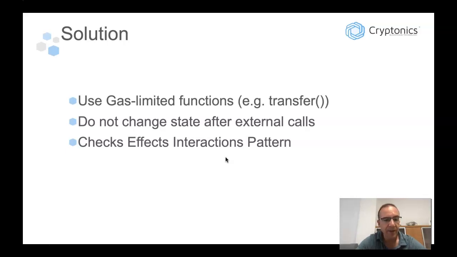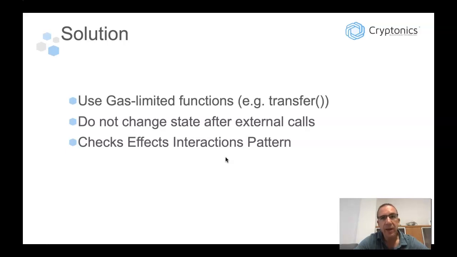And that actually leads to a pattern which is called the checks, effects, interactions pattern, which means before you do something, you check every assertion, or you put assertions that actually check if the action should take place.